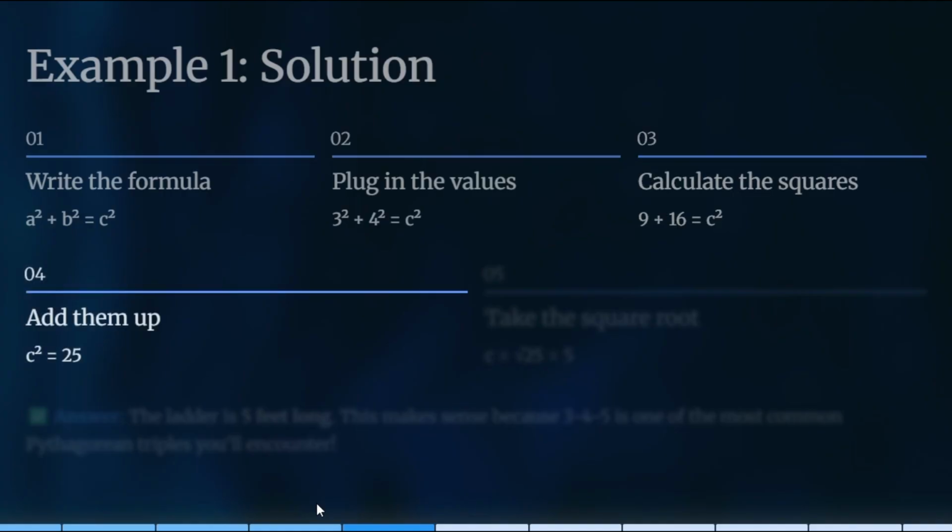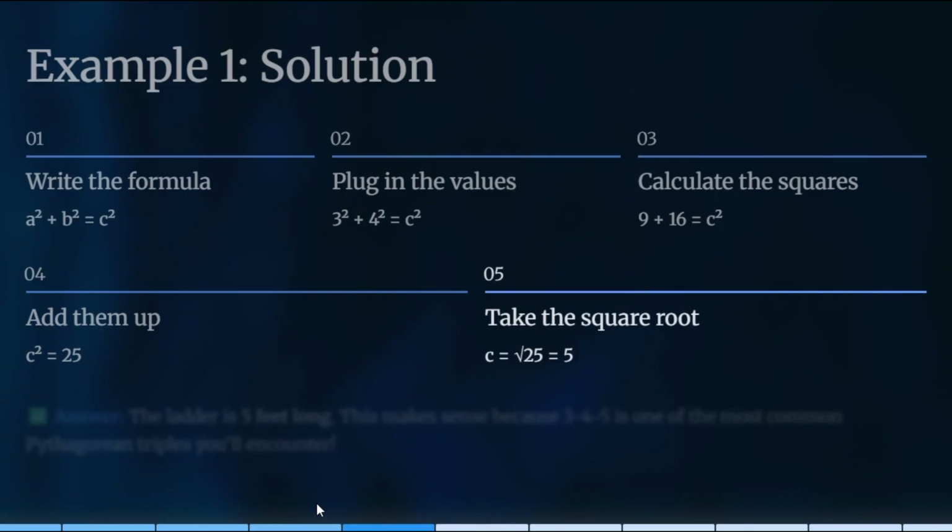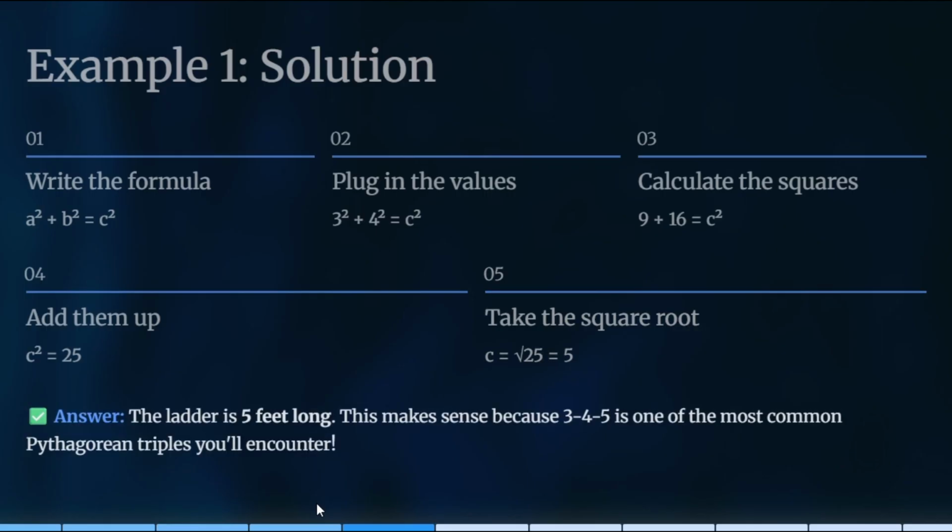So if we add them up, 9 plus 16 is 25. In order to find the value of C, we must take the square root of both sides. So the square root of 25 equals 5, which is the value of C. So that's it. The ladder is 5 feet long. And this makes sense because 3, 4, 5 is one of the most common Pythagorean triples you'll encounter.